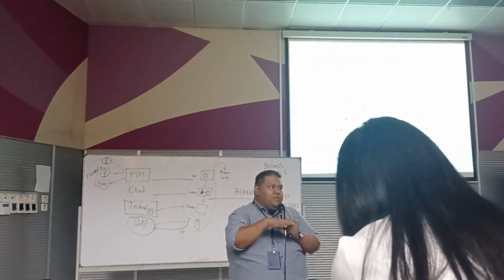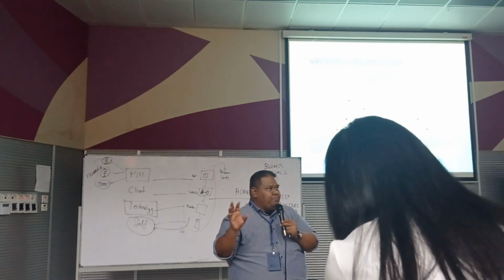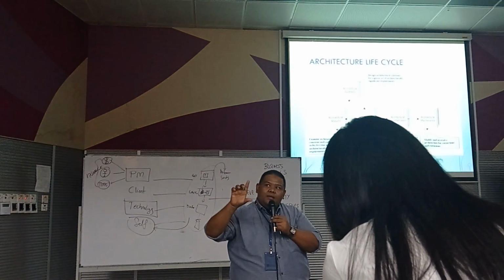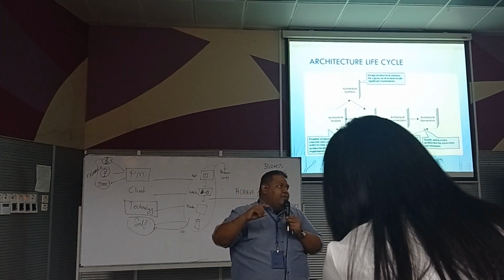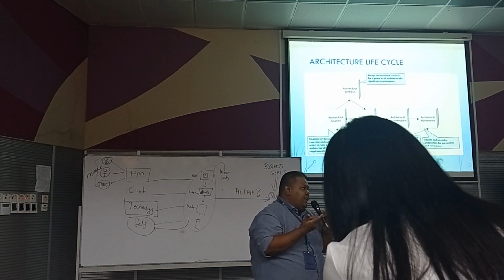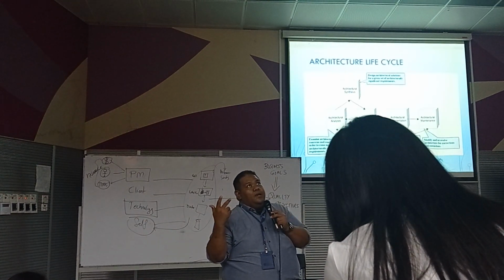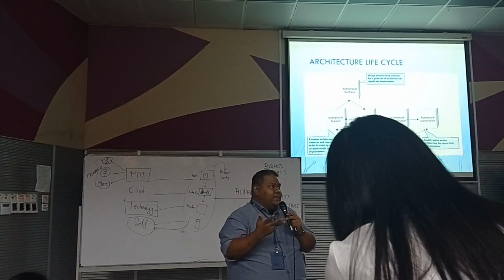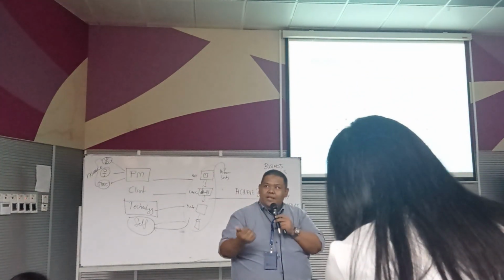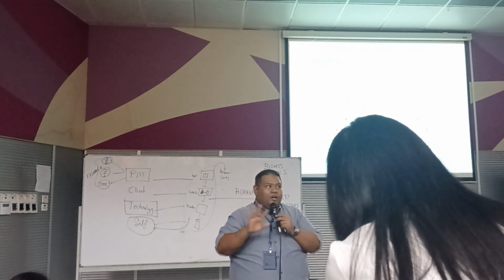So those architecture is what we call as architectural pattern. It's a template, right? We have 3-layer architecture, we have N-tier architecture, we have pipe and filter, we have blackboard, we have data center architecture, a lot.